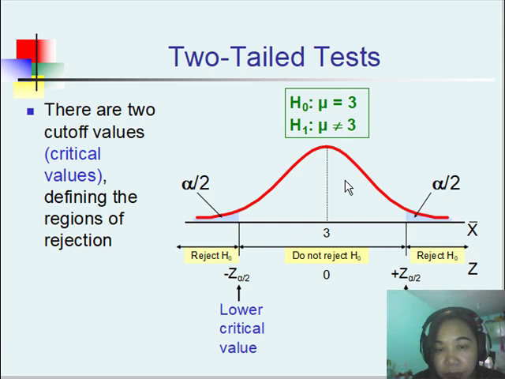If it falls here in the non-rejection region, then we fail to reject the null. So there are two cutoff values, or critical values, defining the regions of rejection. Where do we find the critical values? It is in the z-table.